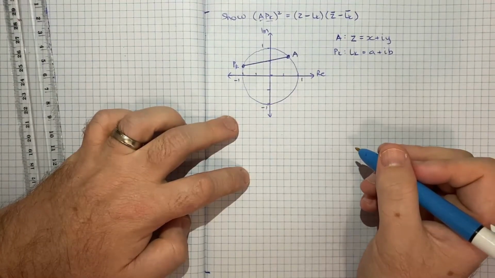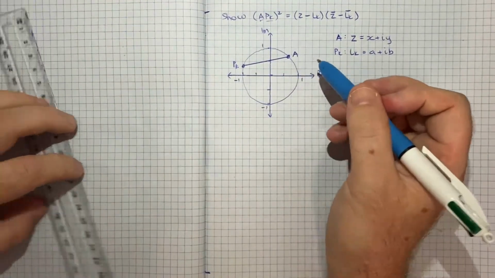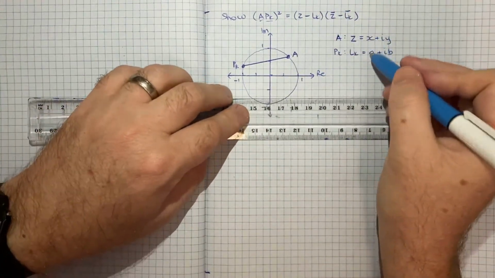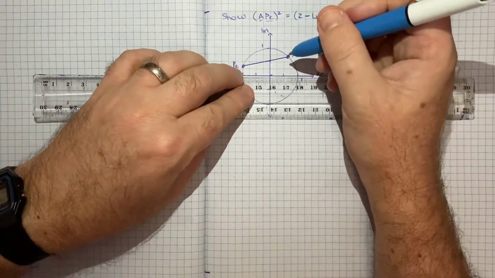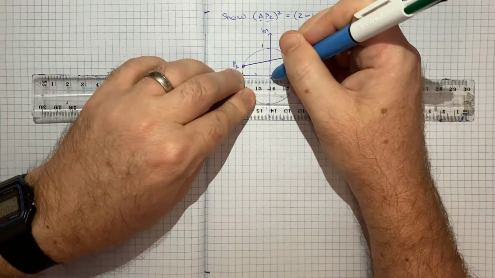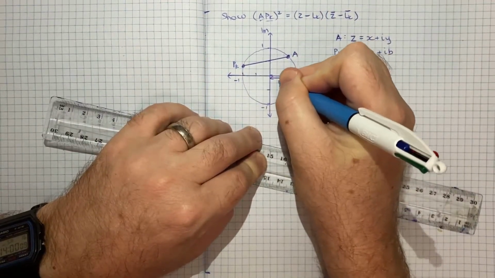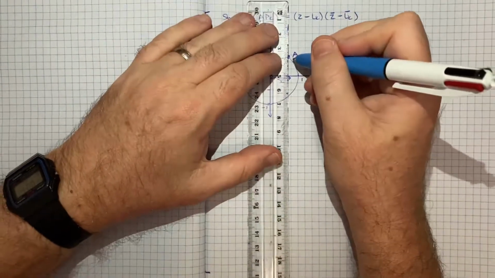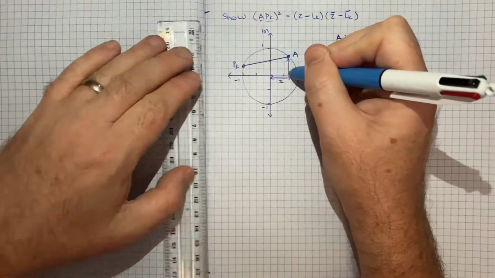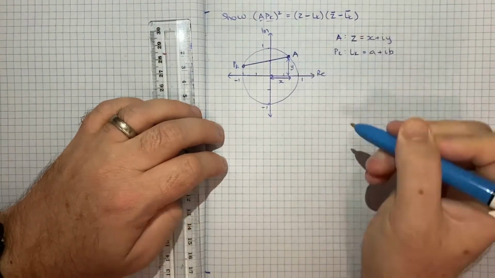Now, maybe what I'll do visually, with these definitions, this distance here up to A, that's the distance x. And this vertical distance is y.